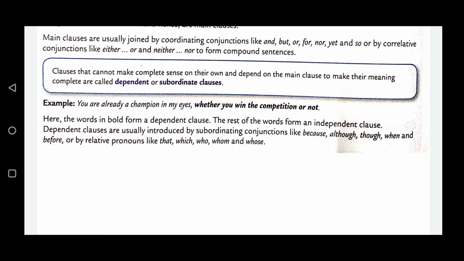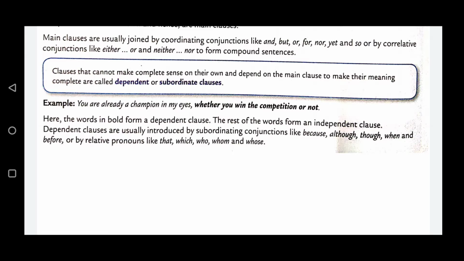Again, one more example is given over here. You are already a champion in my eyes, whether you win the competition or not. The second part, the highlighted part, "whether you win the competition or not," is a clause because if we take this highlighted part individually, it doesn't make complete sense in itself. It depends on the first part to make complete sense, that is, you are already a champion in my eyes.